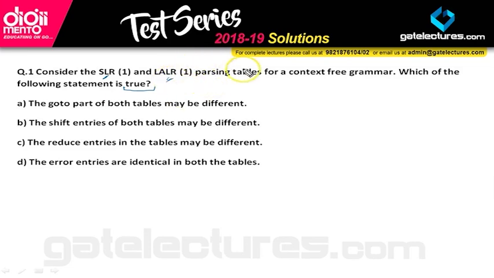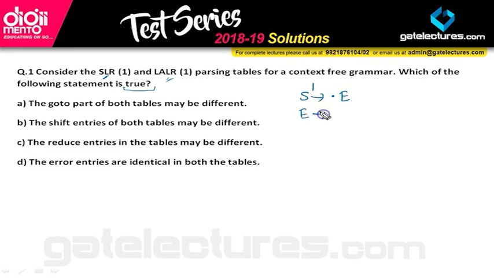What I'm saying here, I'll tell you with an example. So just imagine some context-free grammar is given, and I am just extracting a middle part here to make you understand how it is done.